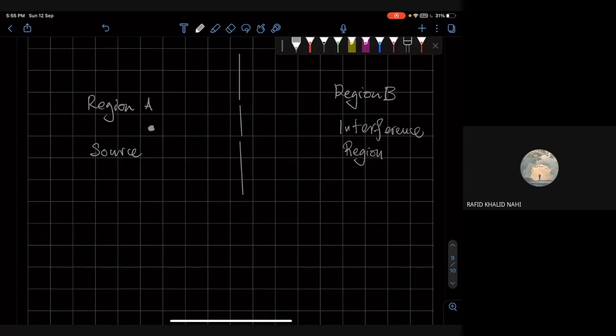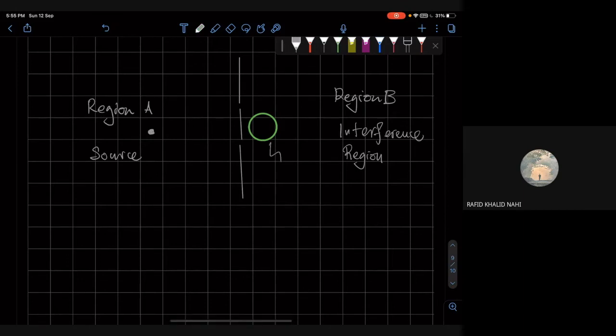Now, behind the barrier, suppose that we have an impenetrable cylinder. We are looking at it from above. And inside the impenetrable cylinder, we have a magnetic field pointing outside the page, say.